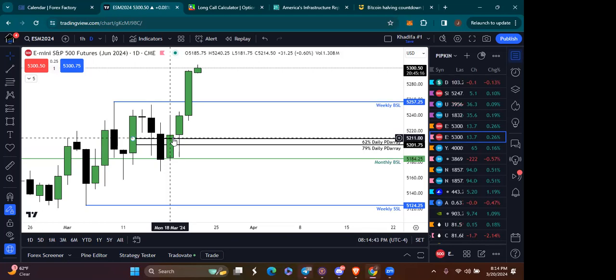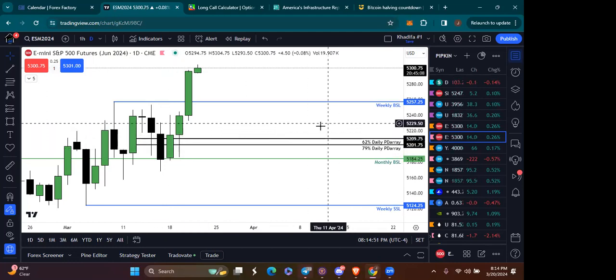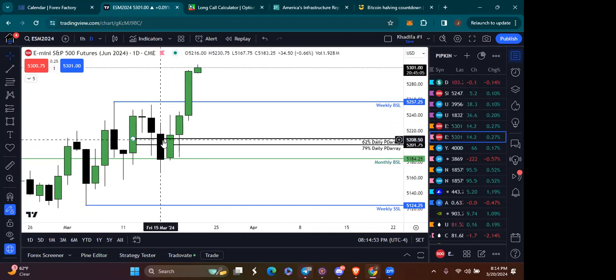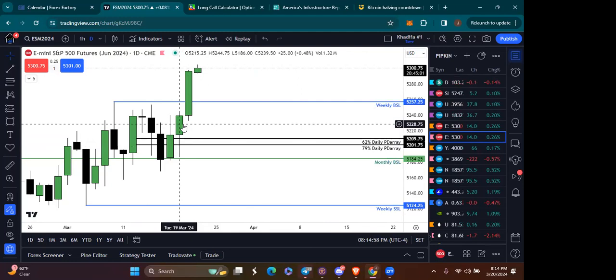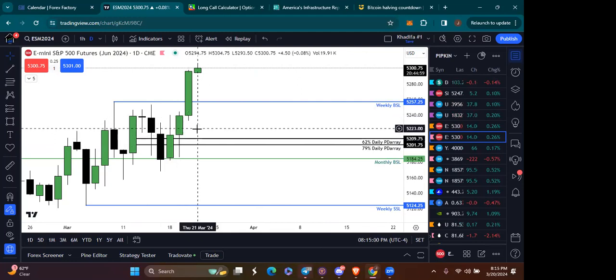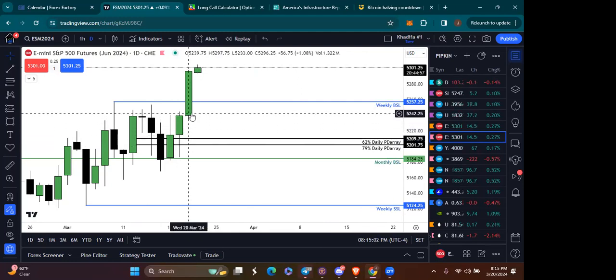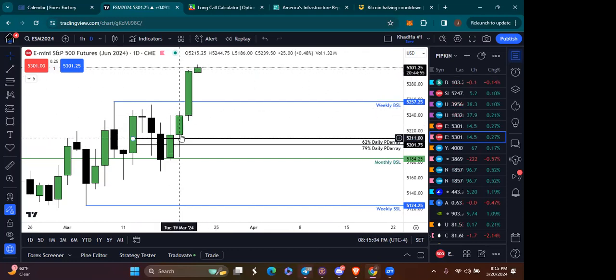And I wanted to see how price reacted to those levels. You see, we closed above the weekly, the daily PD array levels. And yesterday was another aggressive day to the upside, and today was just extremely aggressive to the upside.